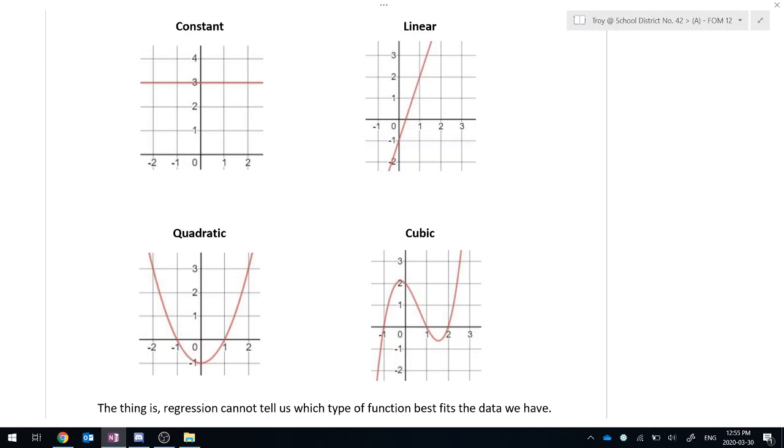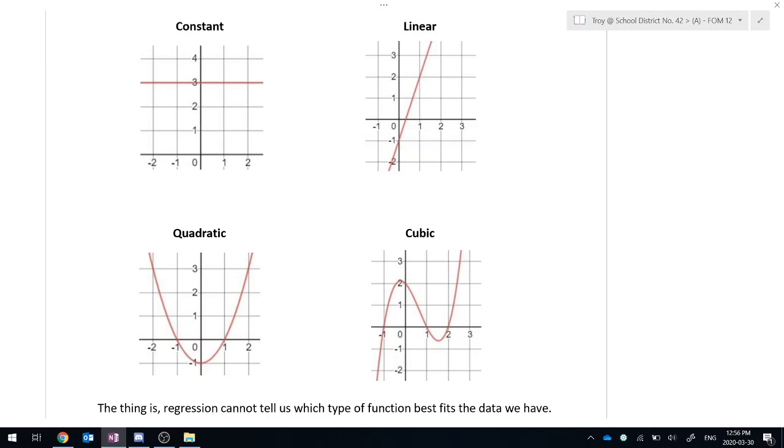But the trick now is, now that we have these four polynomial functions at our disposal that we're familiar with, it's up to us to decide which of these shapes, which of these patterns, are going to best fit the data that we're given for any particular question. We can't put our data into Desmos and have Desmos tell us which one is best to use.